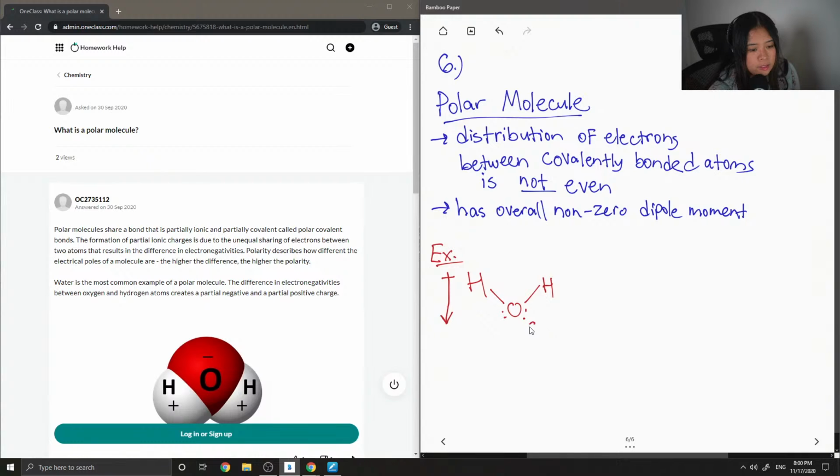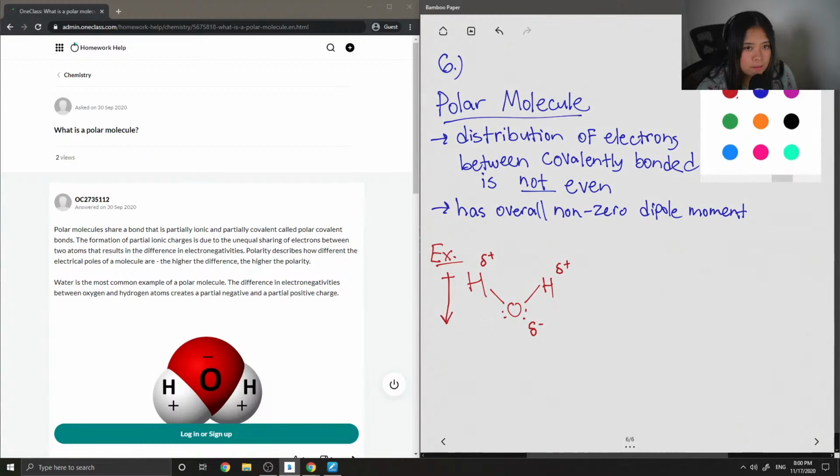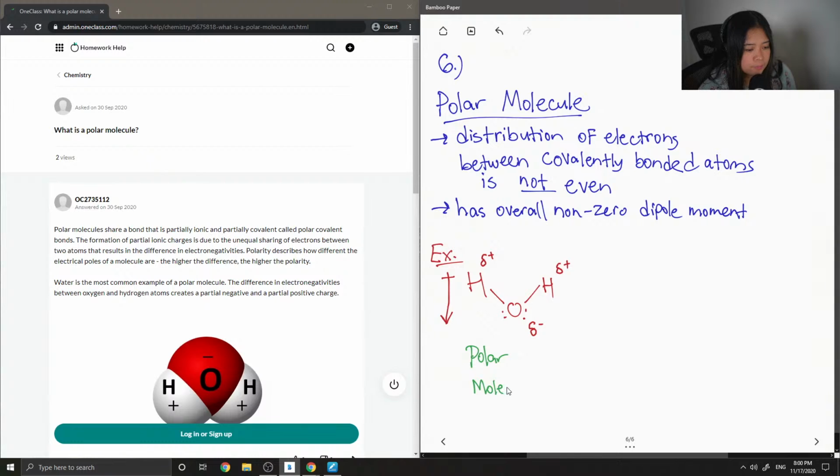Oxygen is also slightly more negative, whereas the two hydrogens are positive. So this is a polar molecule. And that's due to the differences in electronegativity of oxygen and hydrogen.